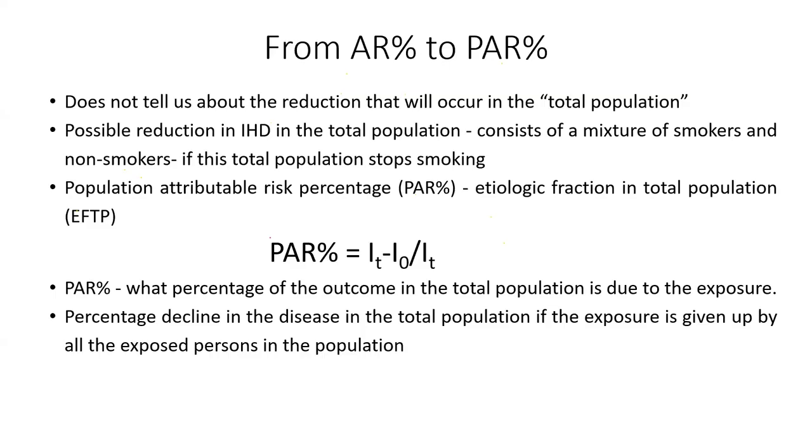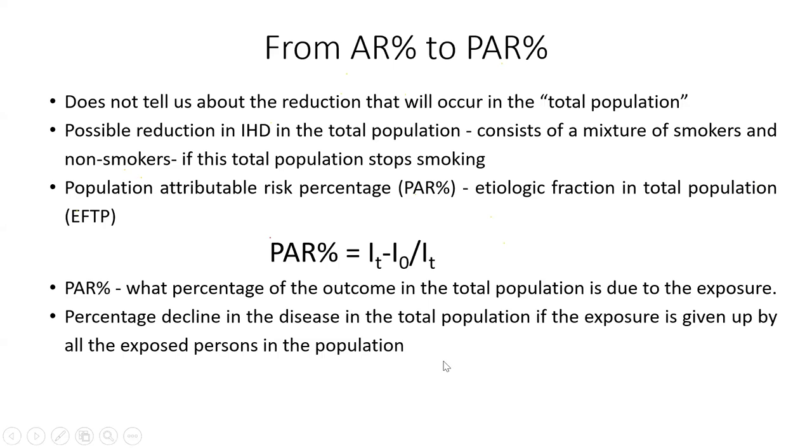Now, these people are interested in this because what this means is that if the exposure is withdrawn from the population, what percentage of the disease will disappear from the population. So by what percentage there will be a decline in the outcome in the total population if the exposure is removed from the population.